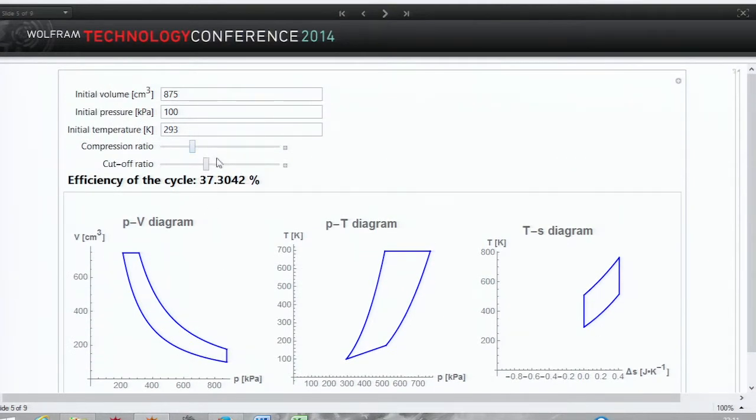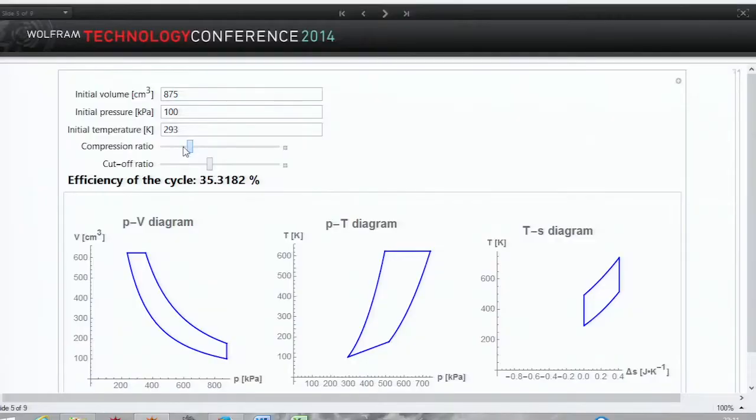With the sliders up here, the student who wants to look at these diagrams can change the initial volume, initial pressure, and initial temperature that define the starting points that are in here, here, and here.